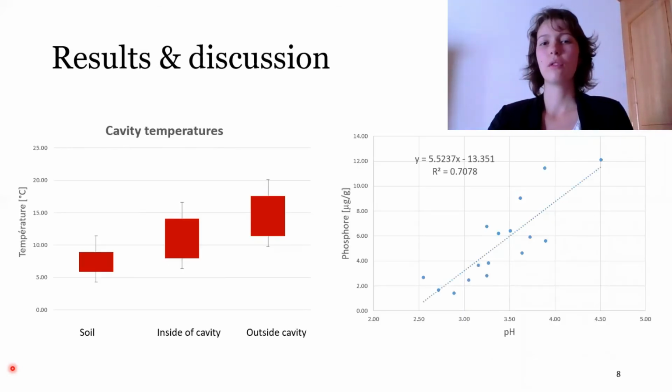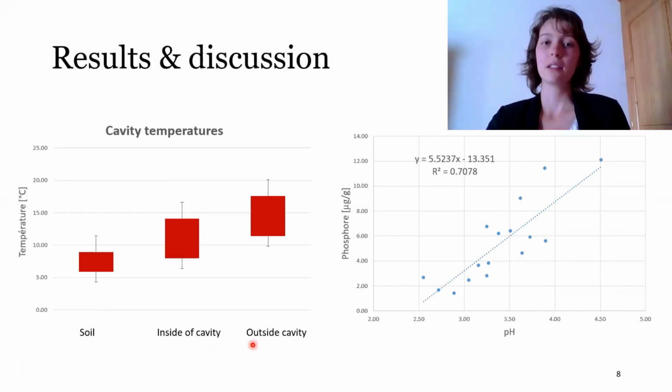Here we see two of the very many results of the study with regard to the abiotic part. The graph on the left shows that the temperatures associated with the cavities are relatively stable, but different between the soil, the air inside the cavity, and the air outside the cavity. The analyses show that the results are statistically very different.